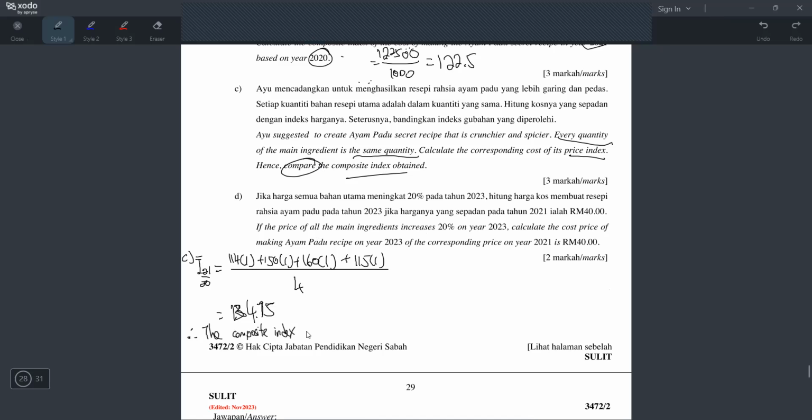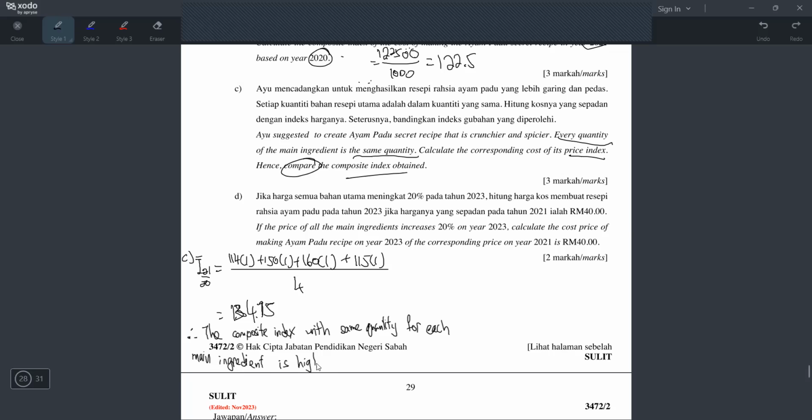The composite index with the same quantity for every main ingredient, is it higher or lower?